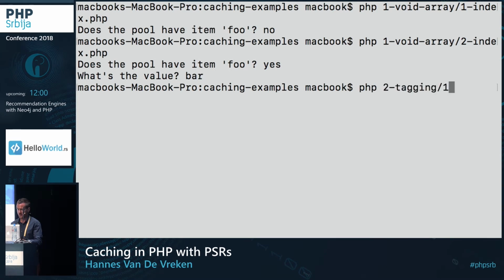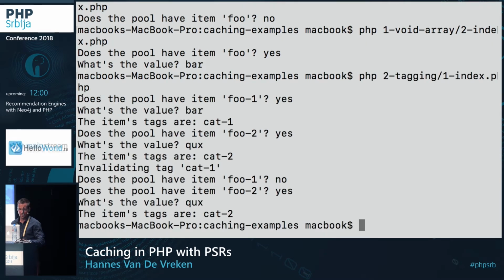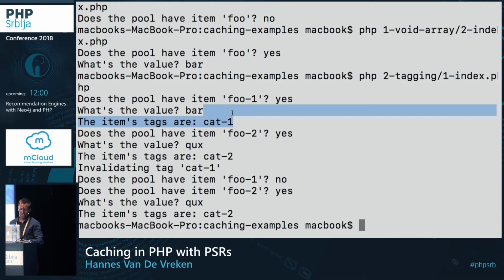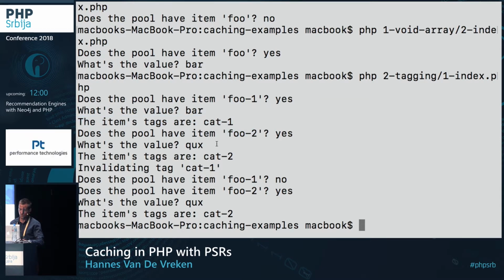PHP tagging on index. So does the pool have item foo1? Yes, the value is bar. And the tags are category 1. Does the pool have foo2? Yes. What is the value? Whatever, however you want to pronounce that. And the tags are category 2. We can add multiple categories as well.